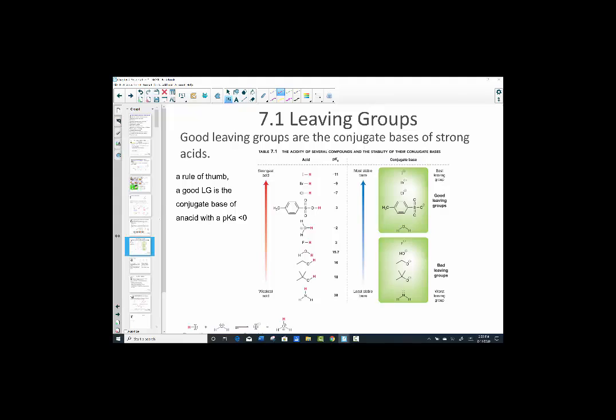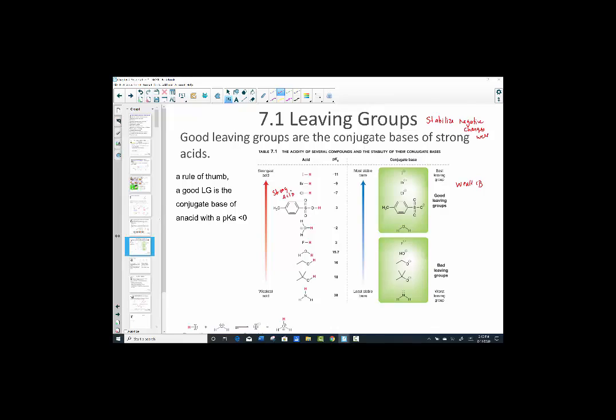I mentioned what makes a good leaving group. Well, a good leaving group has the ability to stabilize a negative charge. Good leaving groups stabilize negative charges very well. Remembering back in chapter 3 when we did acid-base chemistry, we said a weak conjugate base of a strong acid is very good at stabilizing its charge.